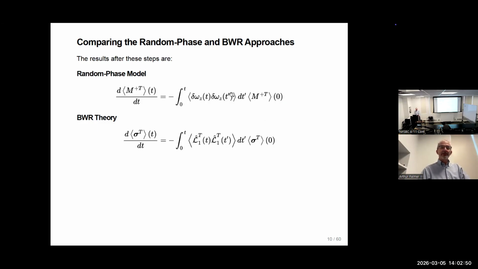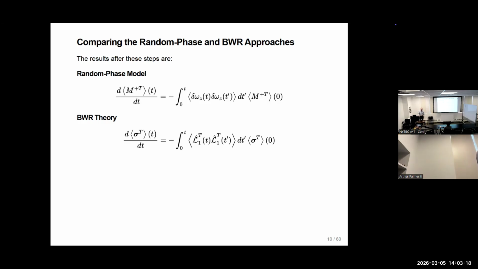And then here we said this autocorrelation function of the omega z's will go to 0 at very long times. We're going to make the same assumption here so that we can extend this integral to infinity, remembering then that means we can't ask what's going on on the time scale of the correlation time. We can only ask what's happening on time scales longer than correlation time.